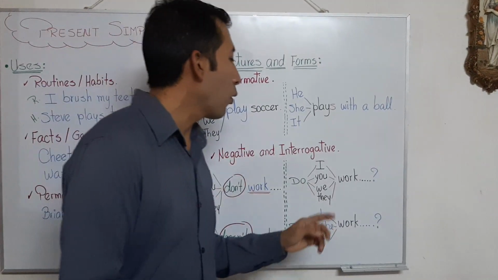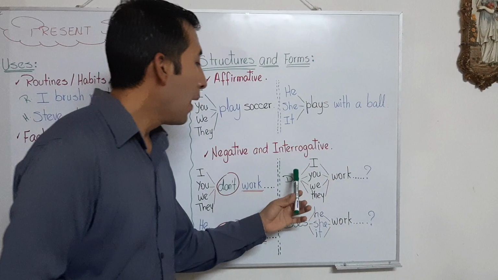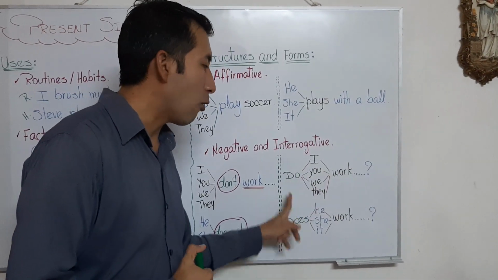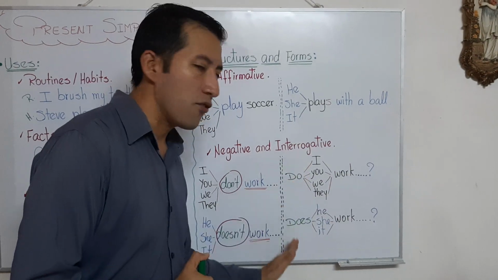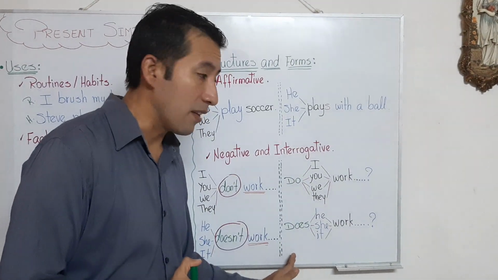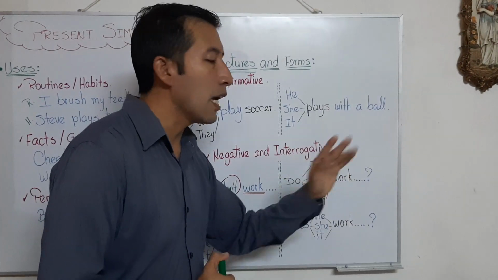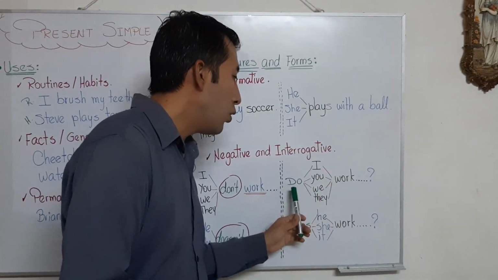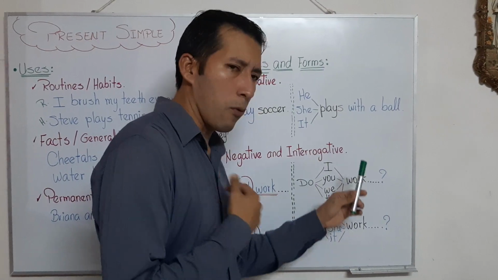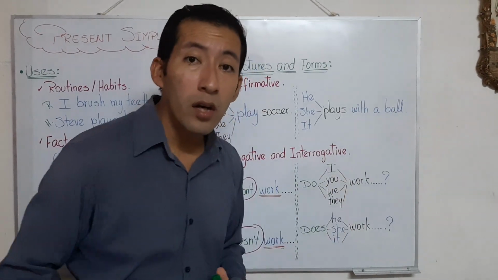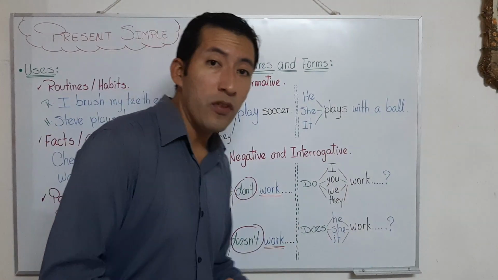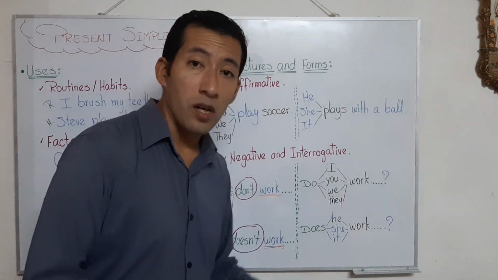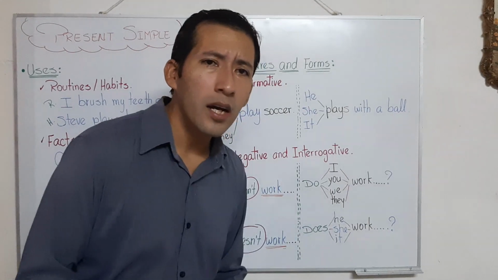And what about interrogative? Well, we change positions. We put the auxiliary verb first in the sentence, and the rest is the same. Do I work? Do you work? Do we work? Do they work? And what happened with the others? Does he work? Does she work? Does it work?